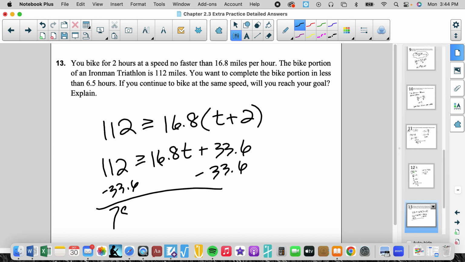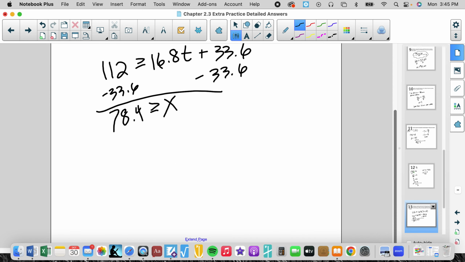That gives me 78.4 is greater than or equal to 16.8t.